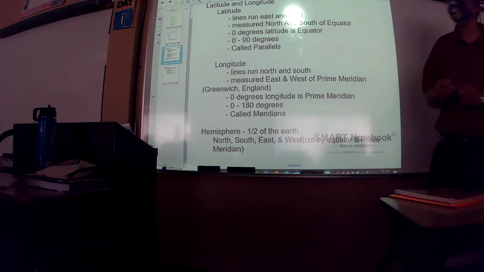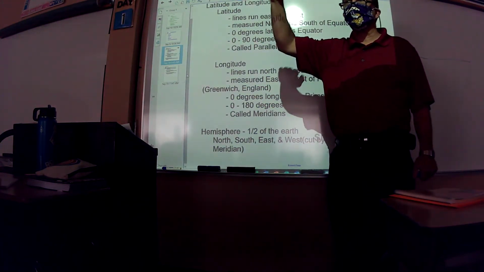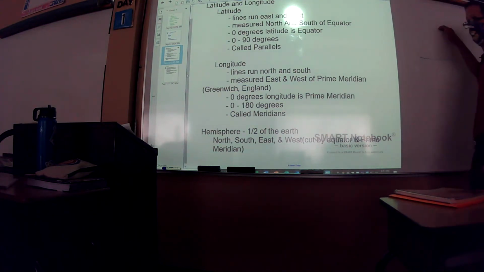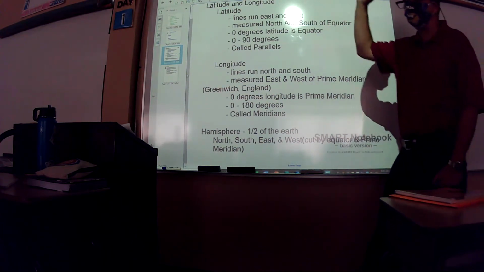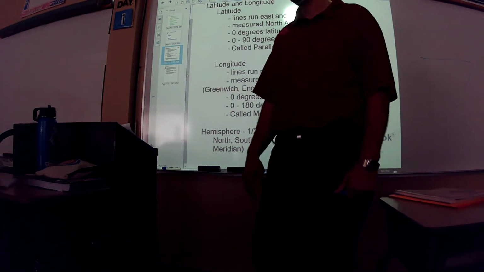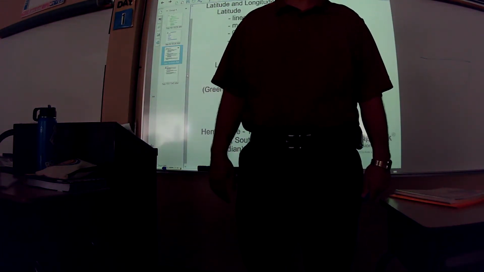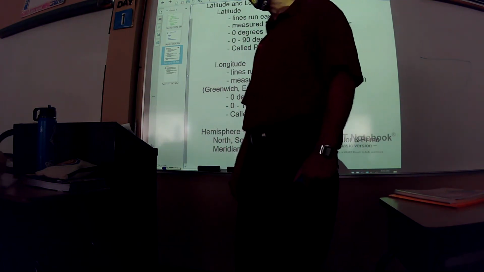So the highest latitude you can ever go to is 90, which means it's right on the North Pole if it's north latitude, or it's right on the South Pole if it's south latitude. You can't get a higher number than 90 for latitude. If you have a higher number on your quiz for latitude, that means it's wrong.